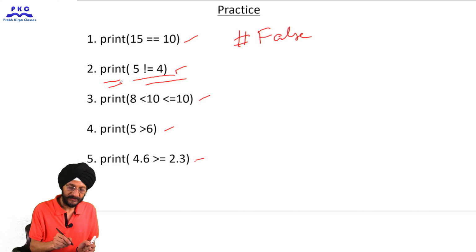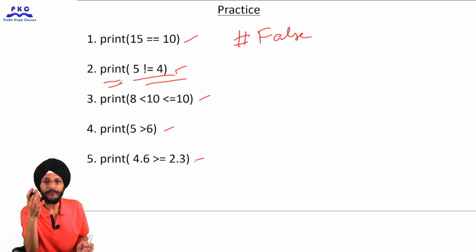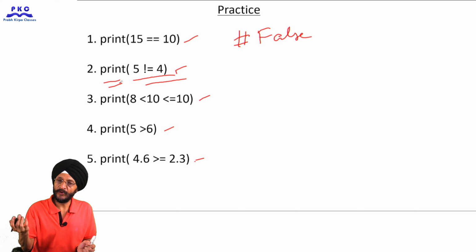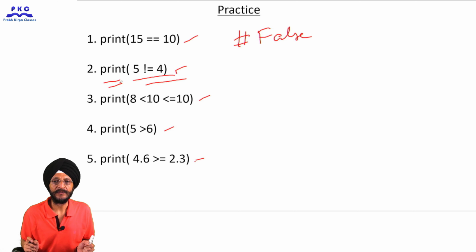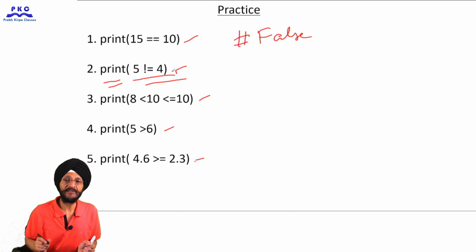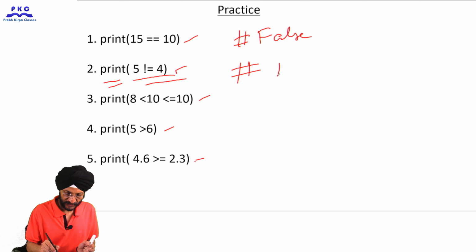Print is the function which we will be using in the code editor, and we have already used VS Code. So when we use print 5 is not equal to 4, what will be the output? It will be true.